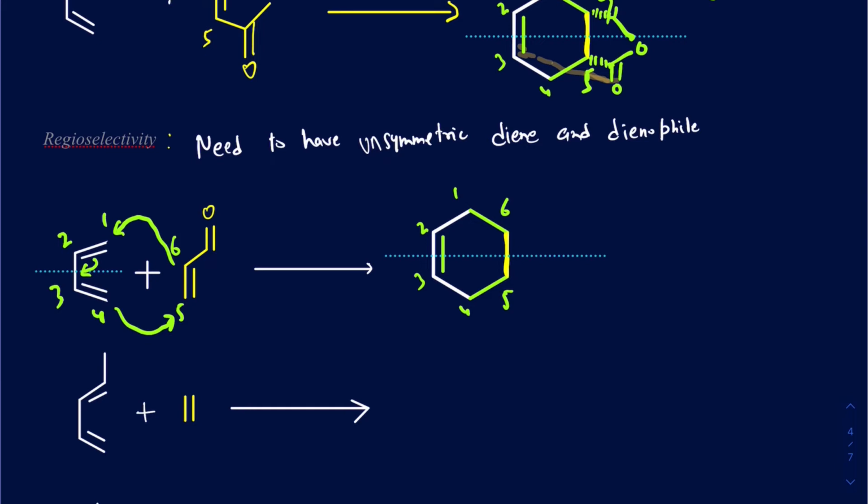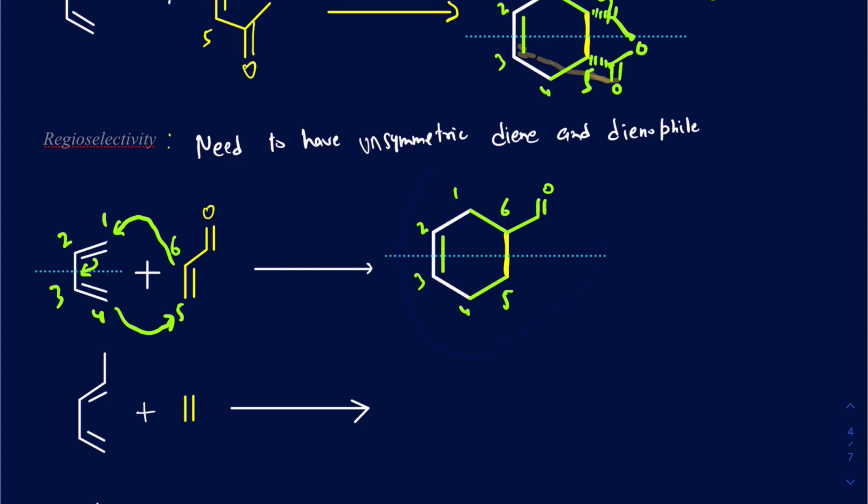I can go ahead and make this endo if I want, or point it down. So that's one possibility. But what if I flip it where I actually attach 1 and 5? I don't really have to worry about the stereochemistry here. Let's suppose I don't worry about the stereochemistry and just worry about the regioselectivity. So that's one possibility where the 6 is going to be attached to 1.